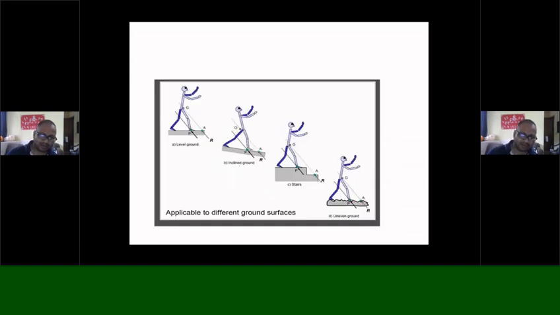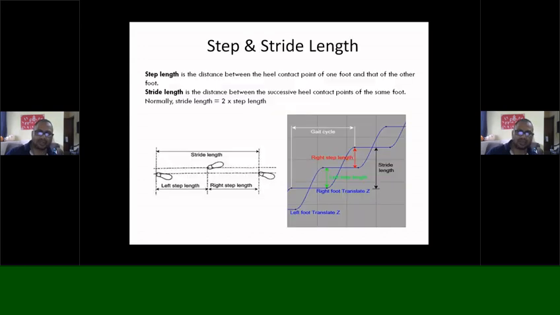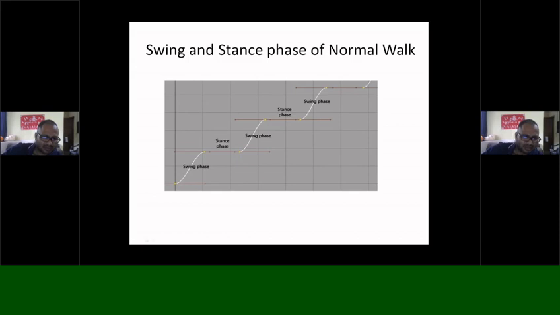You can have different grounds: level ground, inclined ground, staircase, uneven grounds. I'm not defining these terms. Step length is clear, stride length is clear. So first you understand the swing phase. Swing phase is when your foot is in the air, so that's why it is moving forward. Stance phase, it is straight, again it is swing, and then stance phase.